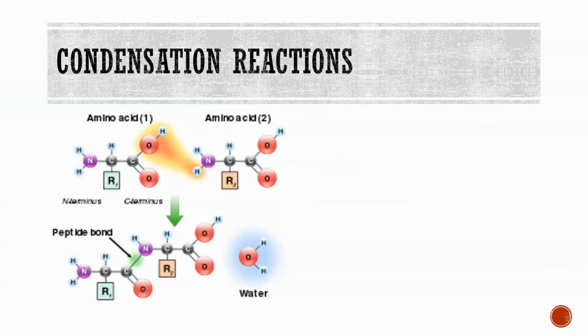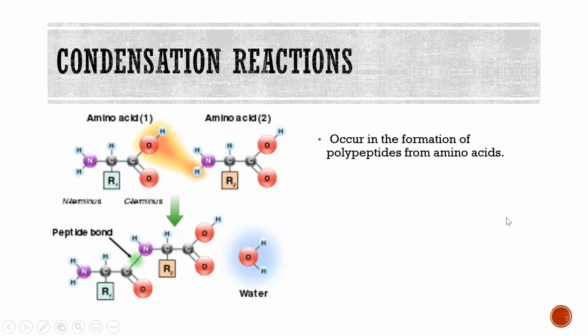Alrighty, a quick look back at condensation reactions. We've got our two amino acids joined together by a condensation reaction, and water is released. We go from two single amino acids to a polypeptide chain. Condensation reactions occur in the formation of polypeptides from single amino acids.